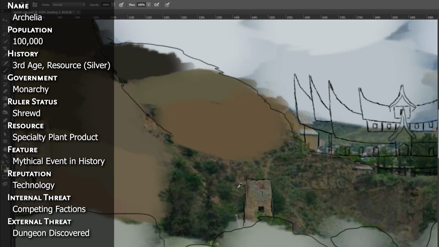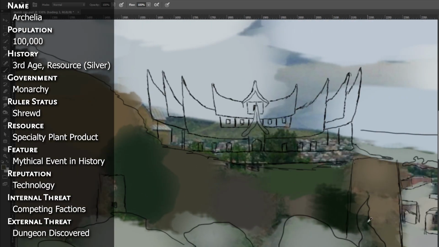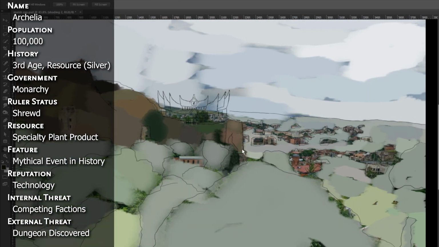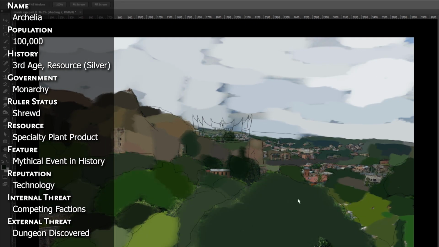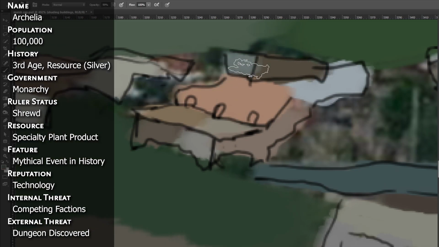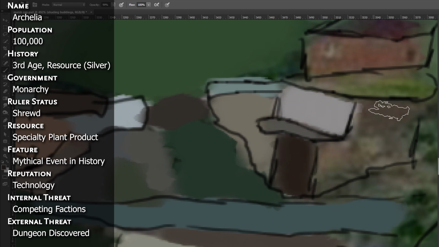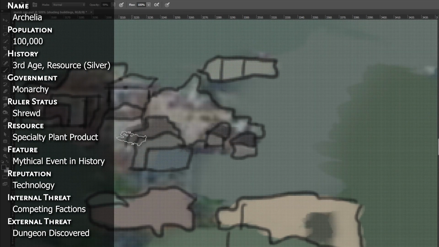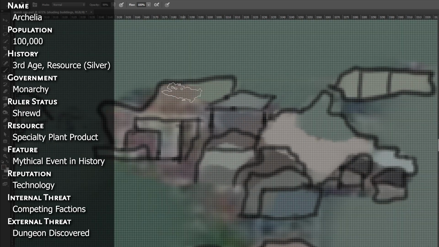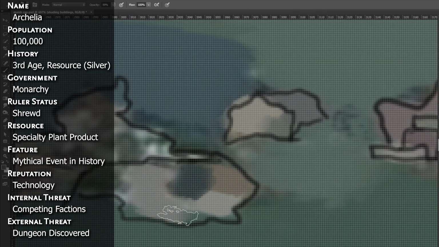The growth in its technology was mirrored by its population as well as its culture. Now a paragon of free thought and progress, Archelia's autocratic roots have almost been forgotten, as a variety of factions representing a spectrum of ideologies have begun to sprout up among the trees.